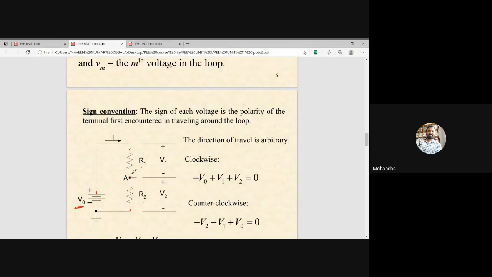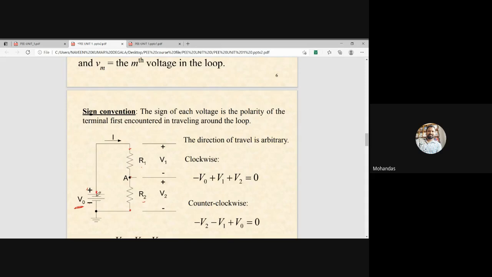For a voltage source, the polarities will be given. Even if the polarities are not given, the longer line will be treated as positive polarity and the shorter line as negative polarity.